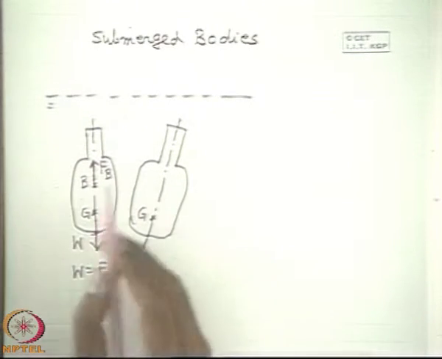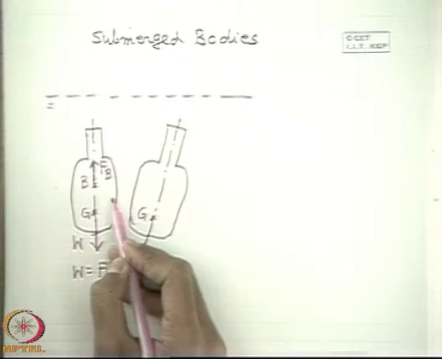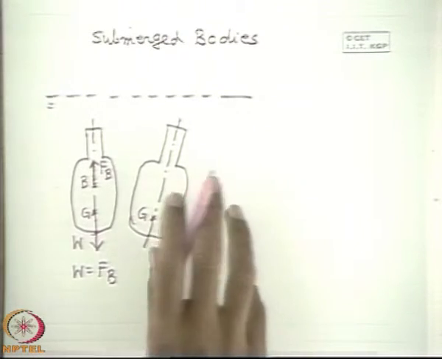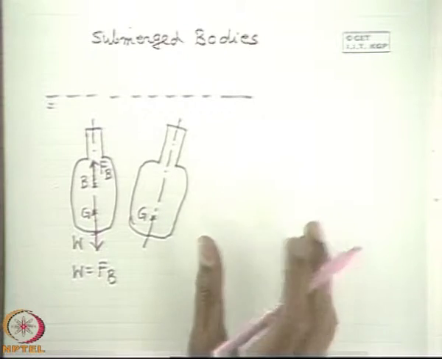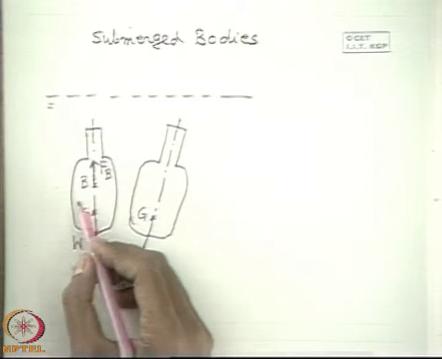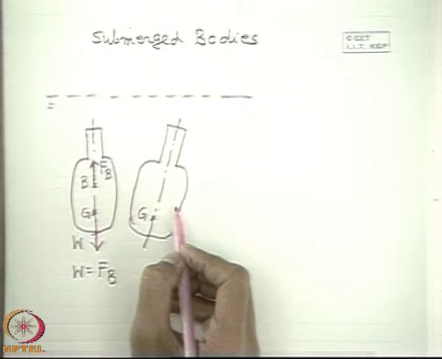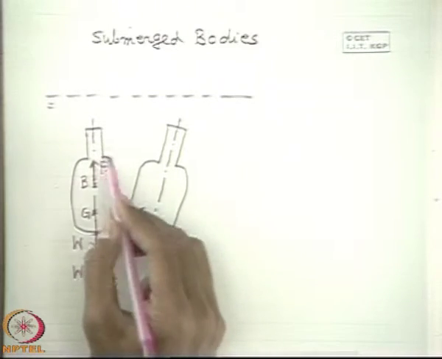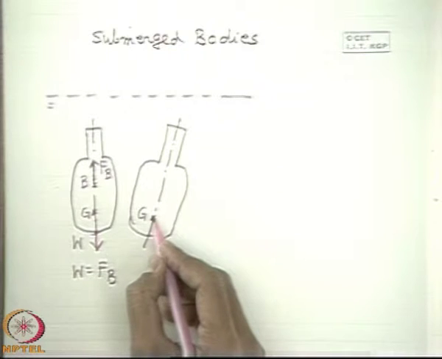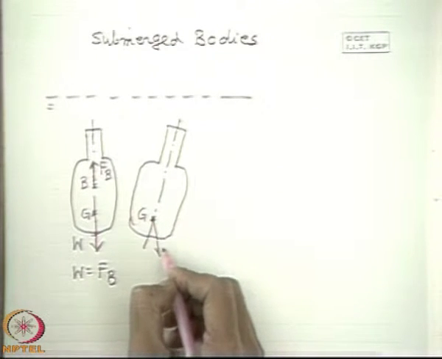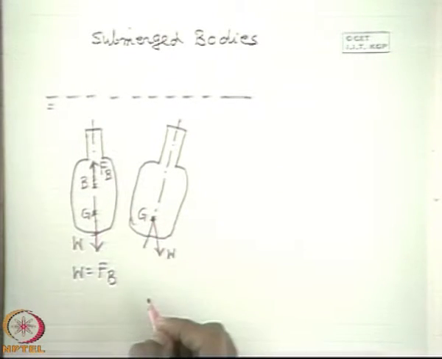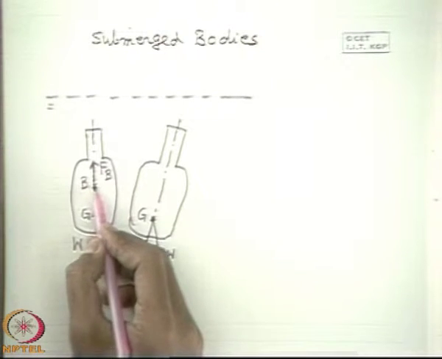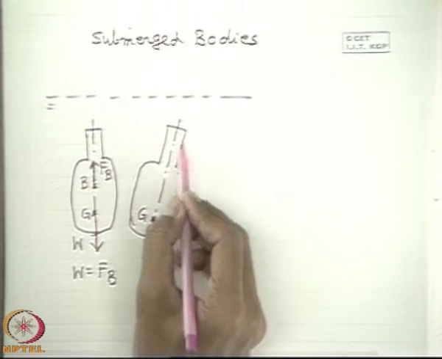In certain cases, if some solid part of the body moves, for example, when a ship moves in a river, some of the cargo within the ship moves from one part to another. So the mass distribution may change, but if we consider a tight solid body, the center of gravity remains unchanged and the weight acts vertically through the center of gravity.